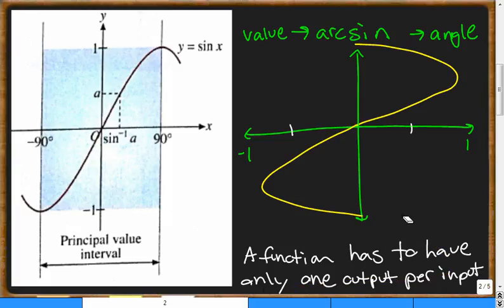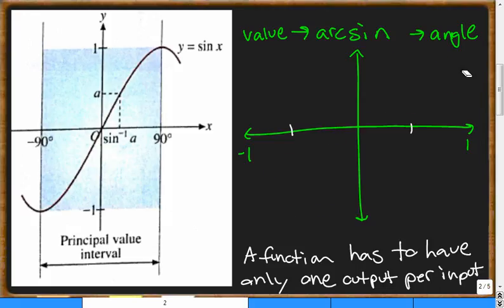We can't do that with arcsine because of this idea that you're going to have multiple places, multiple values that it could be. So what they do is, instead of graphing the whole thing, they're going to graph just part of it. And so what happens is you get something that looks similar to that.